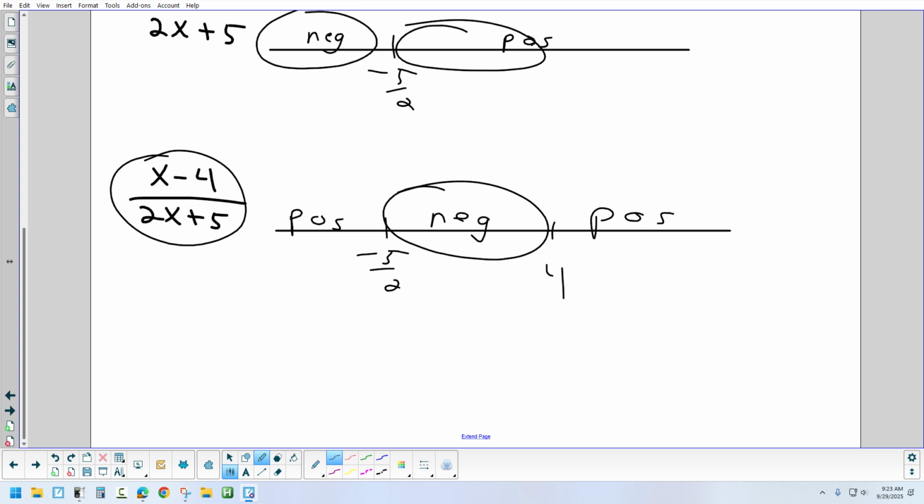How would you describe that answer this time? Declan, how would you describe that? So how would you describe the interval that we just circled? In set notation.